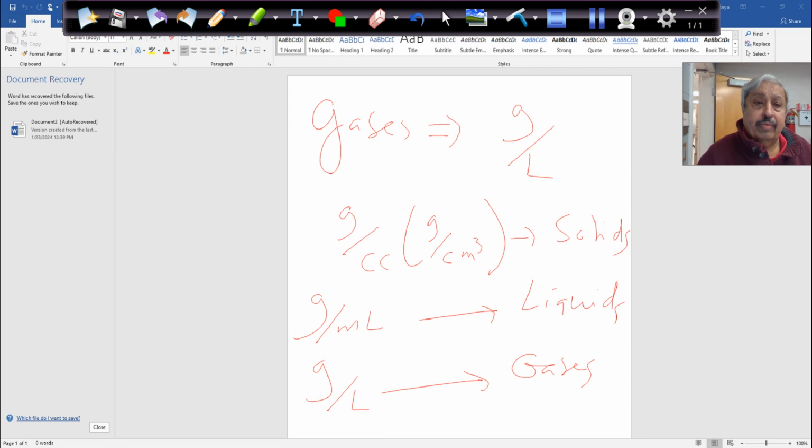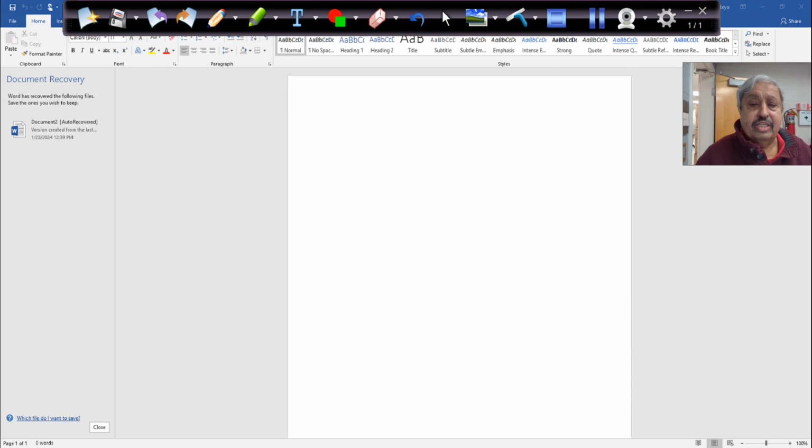Next, we have to look at the fact that density is very sensitive to two conditions, temperature and pressure.